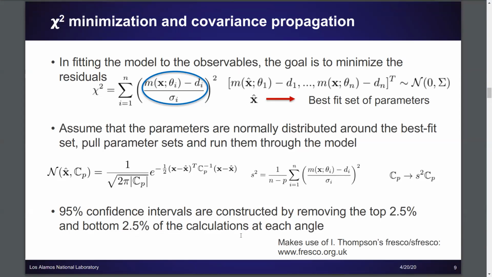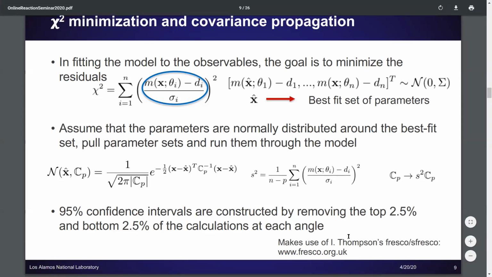This allows you to construct bands around your best fit. This was work that I did during my PhD, and it makes use of an augmented version of Ian Thompson's Fresco and S-Fresco package.